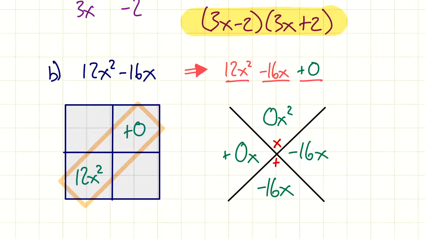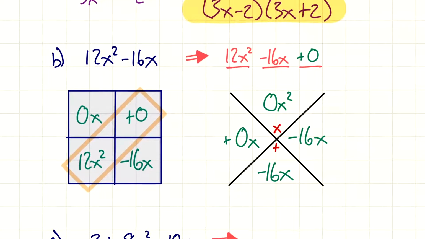All right, so 0 times 16 gives us 0, and 0 minus 16 gives us negative 16. All right, so if this is a 0 on top, one of these has to be 0. Technically, even though this looks more confusing, really this is easier because the numbers are clearly going to have to be 0. So let's say I'll put 0x and negative 16x.